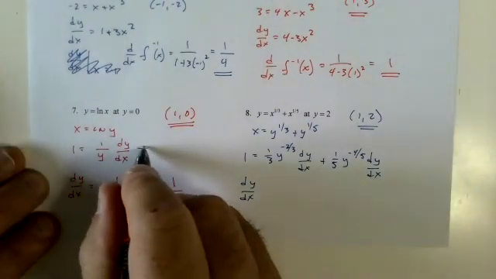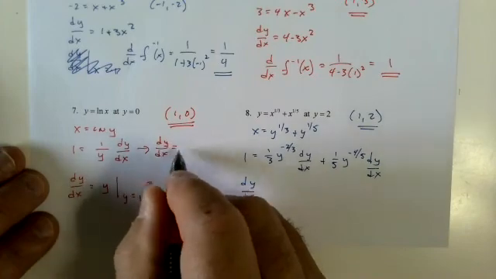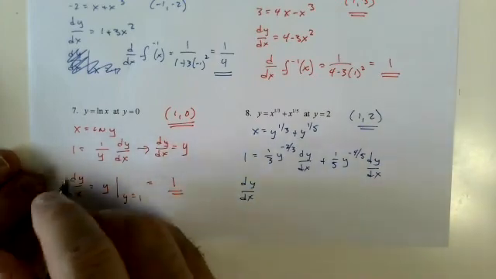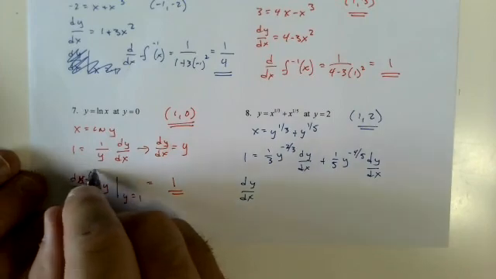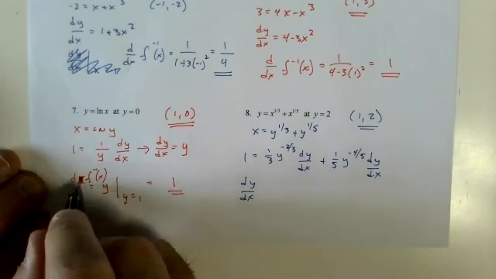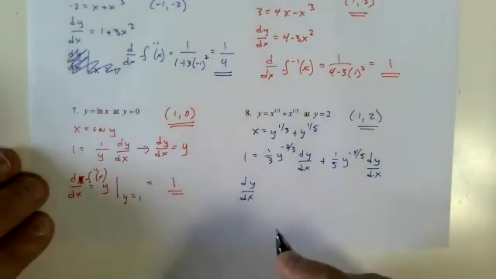Sorry, it's just looking at something here. Let's do this right. dy dx equals y. And let's go with d dx of the inverse. That's how we really should write it. Okay, back to this.